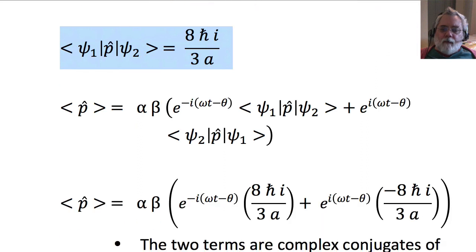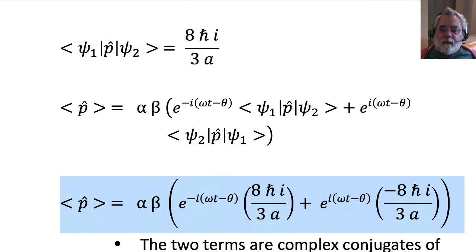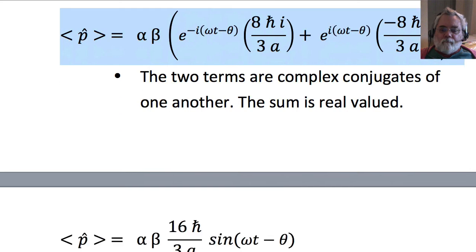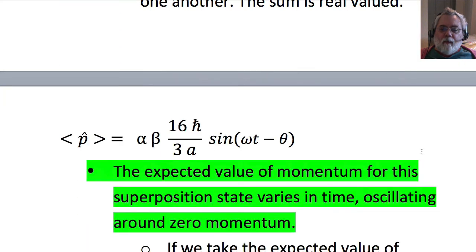And now we can plug back into the expectation value of P and simplify it, and here's the answer for the expectation value of P. We can simplify this. And here's the simplified answer.